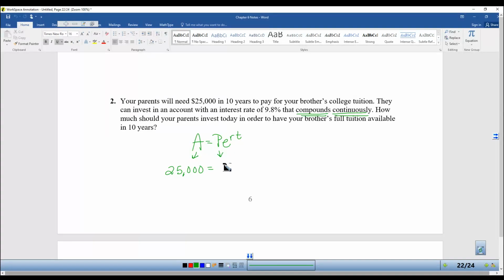It's called the principal, but we're just going to write it as P, and then E to the, remember to convert that, 0.098, and then times 10, since they want to get this within 10 years. So you can divide this by E to the 0.098 times 10 on both sides. And if you can type this into your calculator accurately, then you're all set.